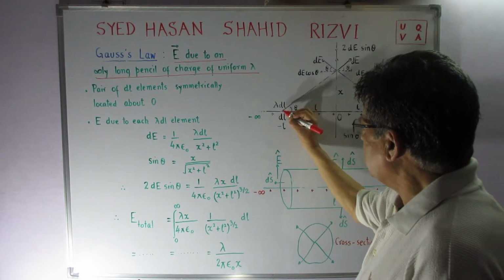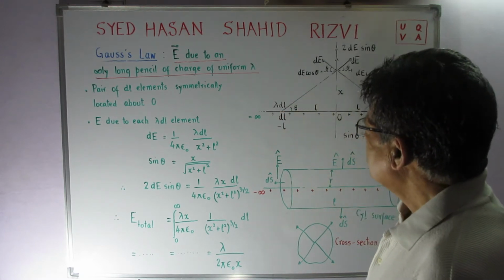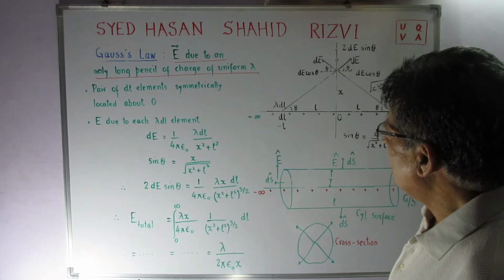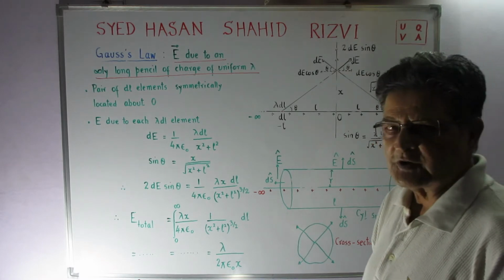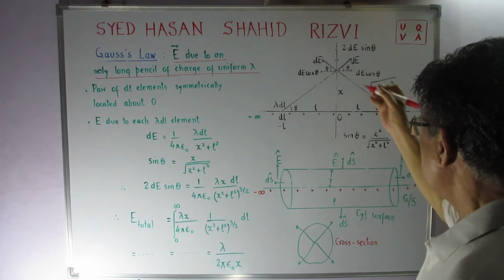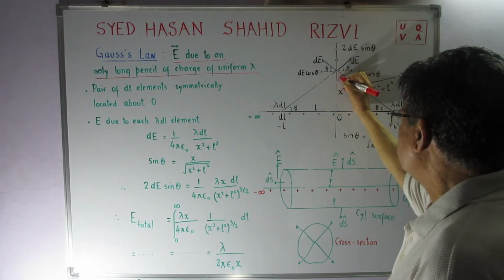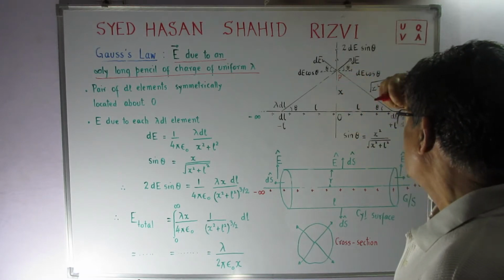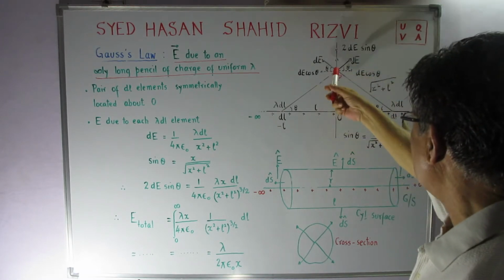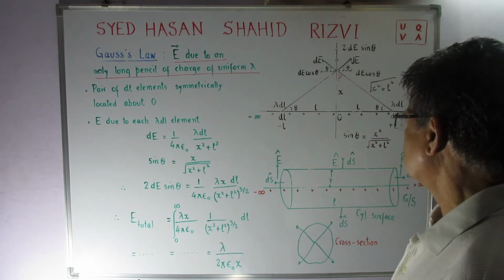Whenever we do anything like that, we want to make our life safer and easier. So what I'm going to take is, we have to find out the electric field at this point P, some x distance away from the pencil of the charges.